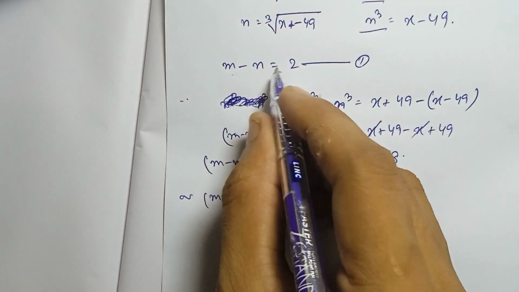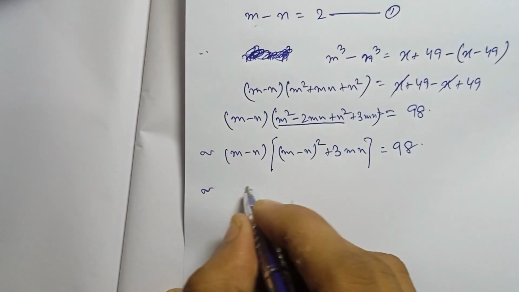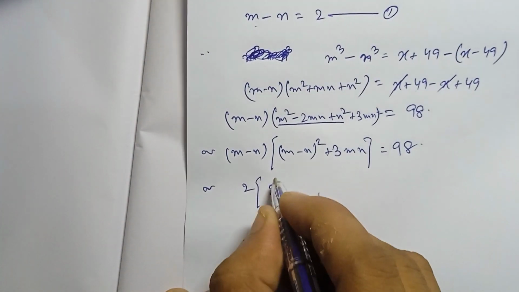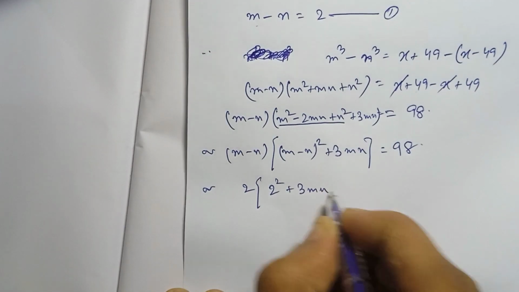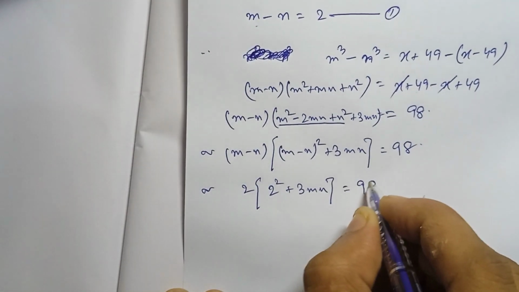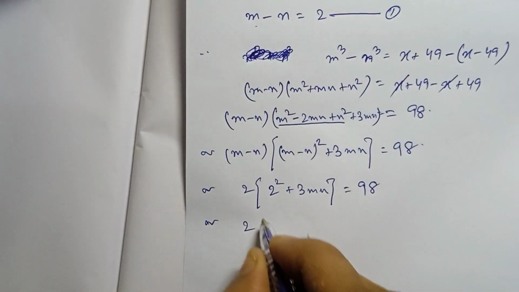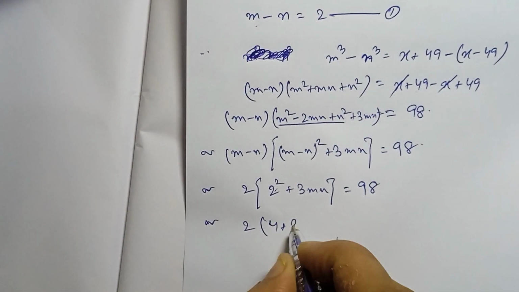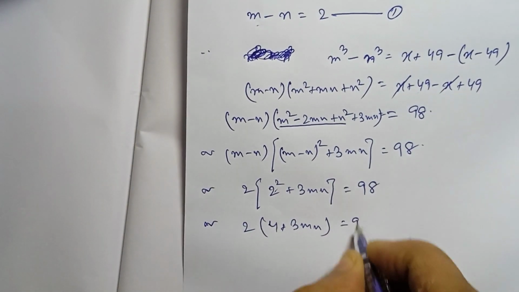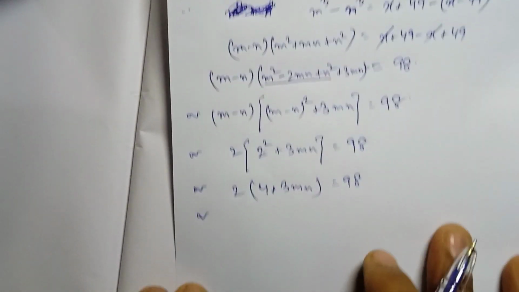Let's put the value of m minus n is equal to 2 here. It will be 2 times (2 square plus 3mn) is equal to 98. It will be 2 square is 4 plus 3mn is equal to 98. Now just open the bracket.